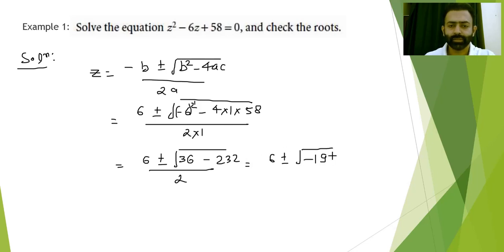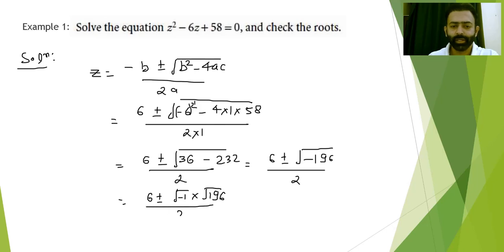So this is 6 plus minus the square root of -196, divided by 2. Now you are in a position to find its value just by writing this as 6 plus minus the square root of -1 into the square root of 196, divided by 2.